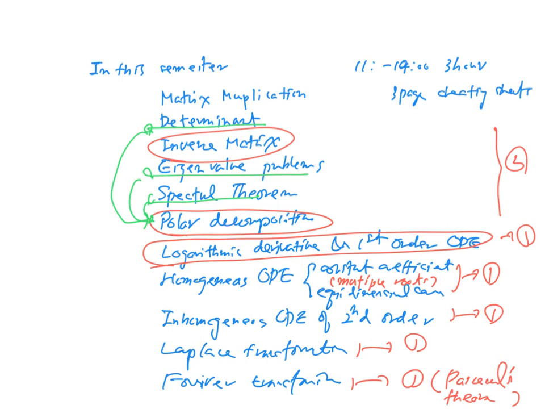And one problem from the inhomogeneous ODE, one Laplace transformation, one Fourier transform. So you have 7 problems in 3 hours, and that will make you very busy.